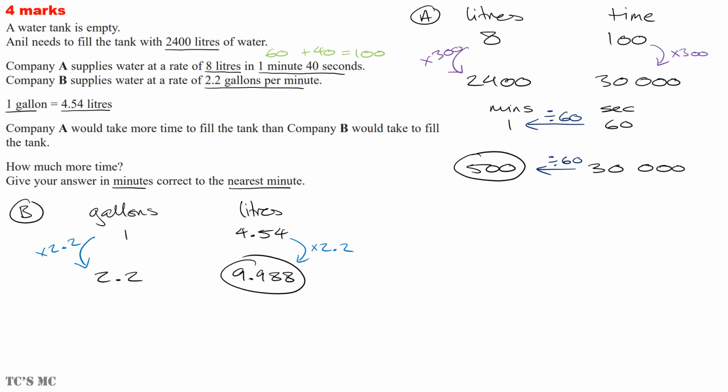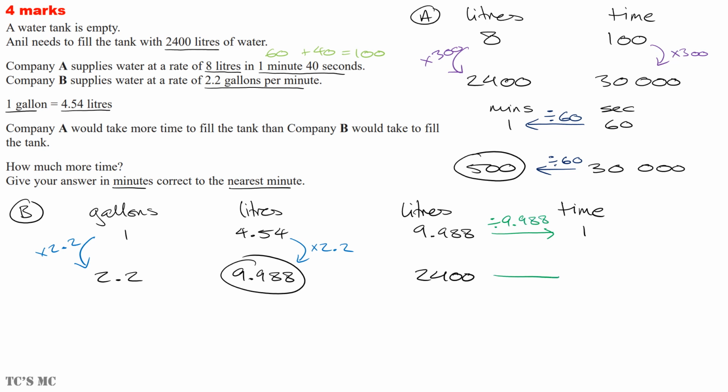Now for Company B, we can have litres and time. The rate is now 9.988 litres per minute, so 1 minute. Remember, we need 2,400 litres. If we go across, we need to divide by 9.988 to get 1.